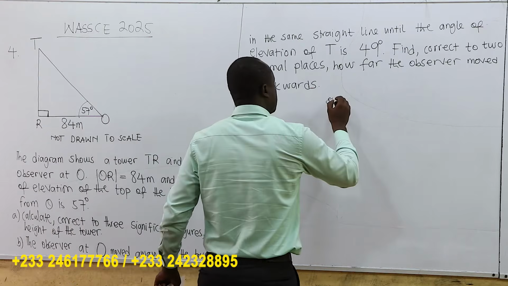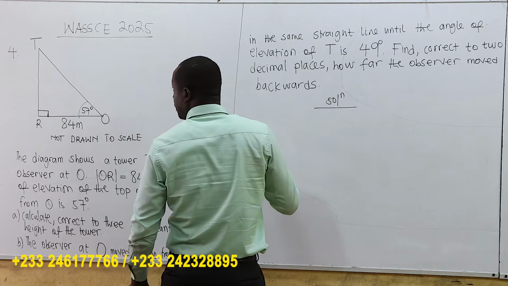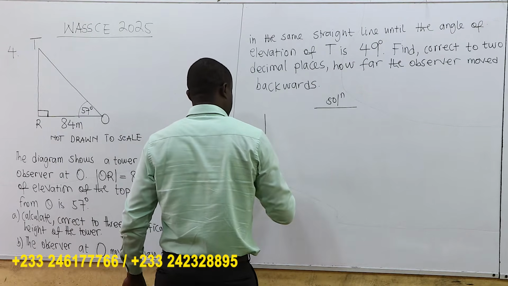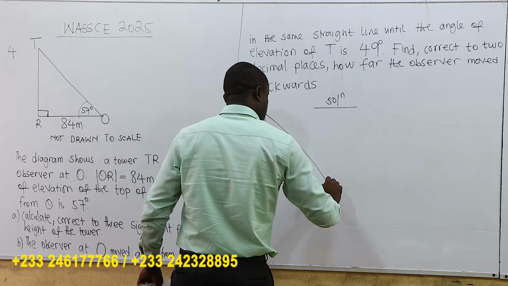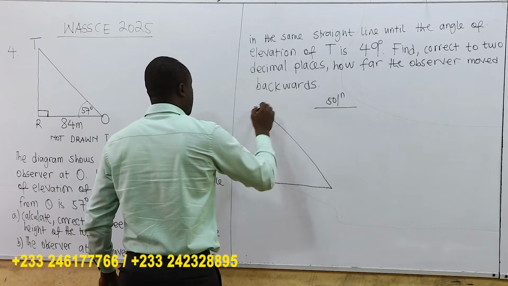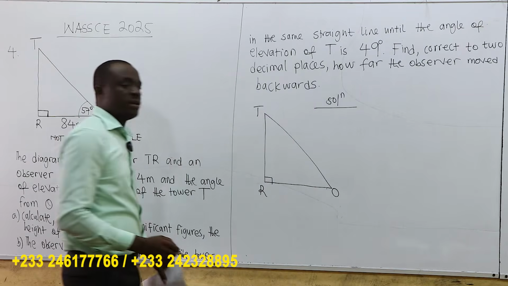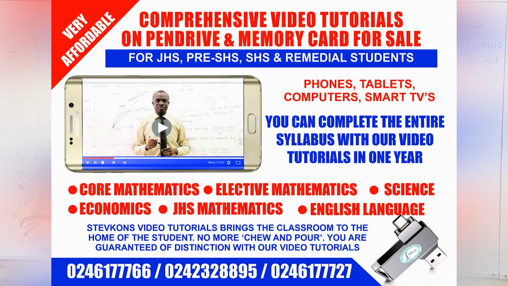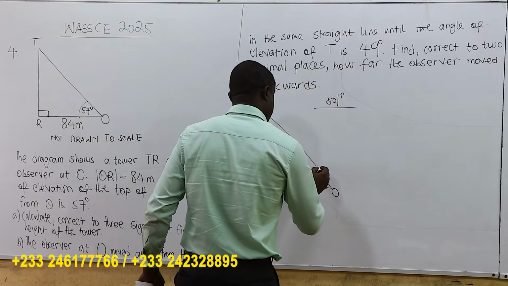So let's draw. This is not to scale. This is T. This is R. And then this is O. Now we're also given that the angle of elevation of the top T from O is 57.